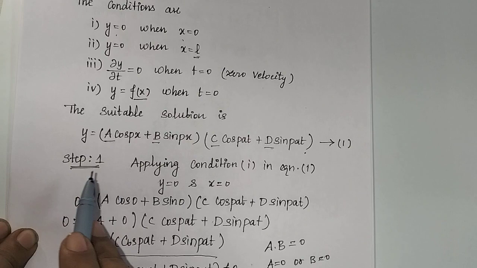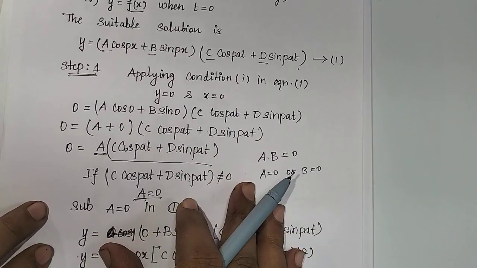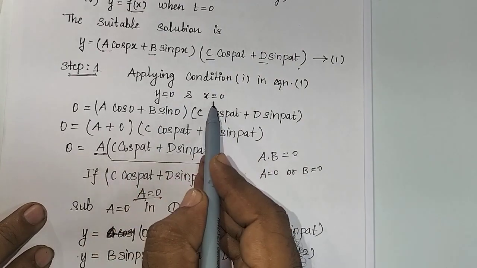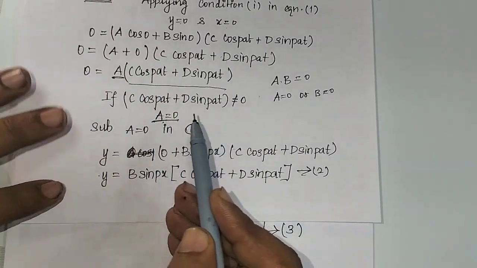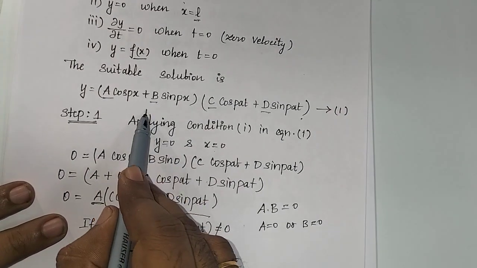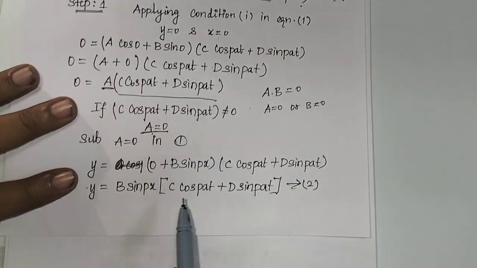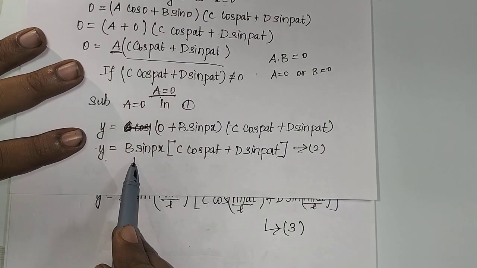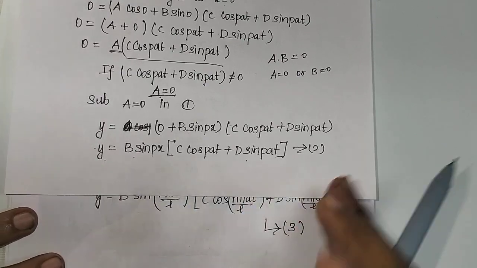First I apply condition 1 in equation 1. Substituting y = 0, x = 0, I get a = 0. Substituting this a = 0 in equation 1 eliminates one constant, and I get equation 2: y = b sin px (c cos pat + d sin pat).